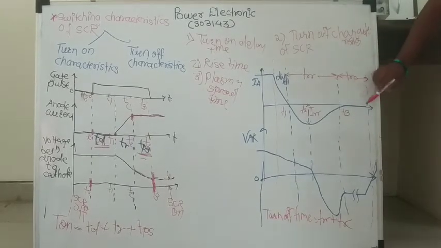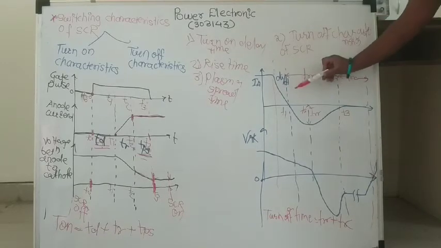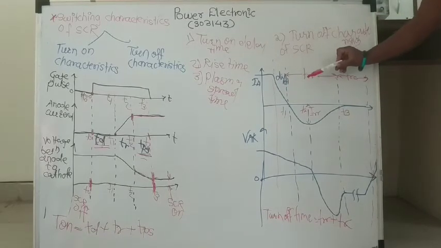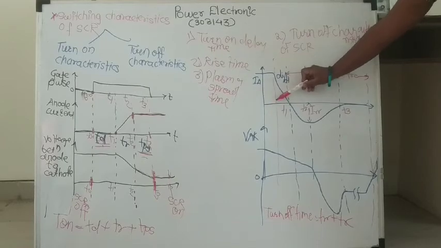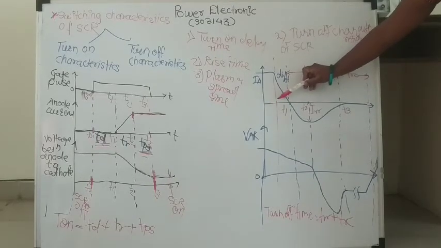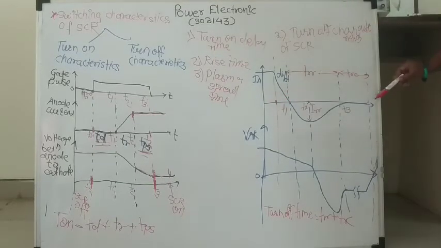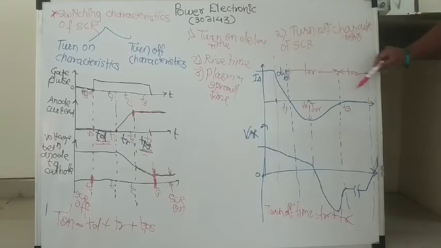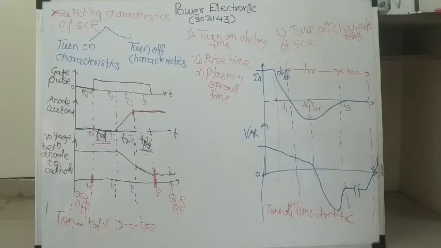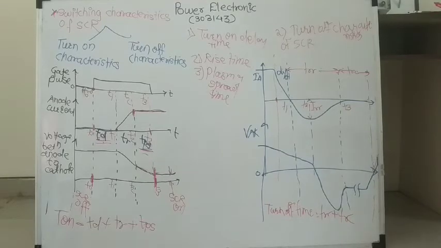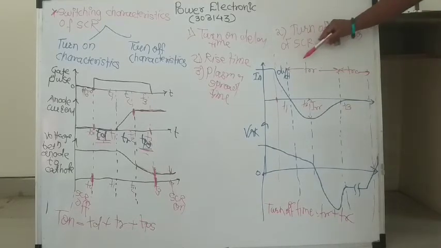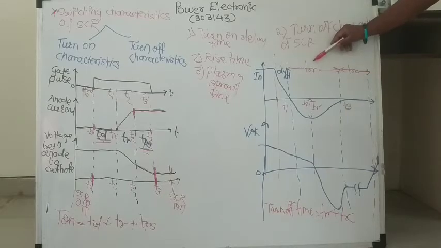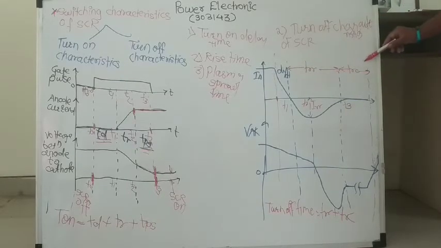Your actual turn off time is the time starting from when it goes into the off condition. Here it is totally on and here it is totally off. Between this, this is the time required to turn off the SCR, and this time is nothing but the addition of TRR plus TRC.